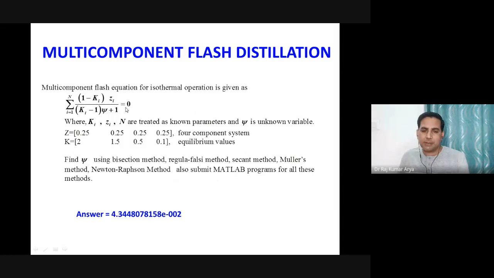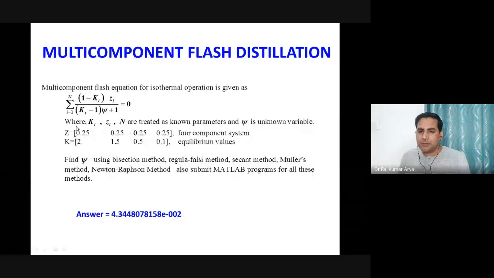For that, this equation is given to you. i is the number of components you have, so here you have i equal to 1 to n. Here we have K_i, z_i and psi. Now K and z are treated as parameters, and psi is the unknown variable.